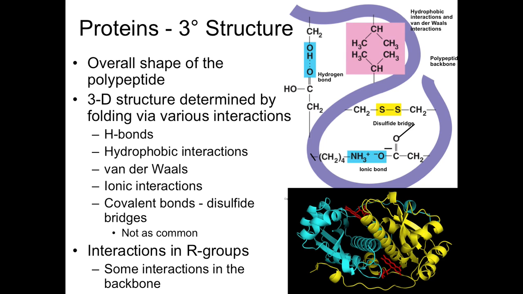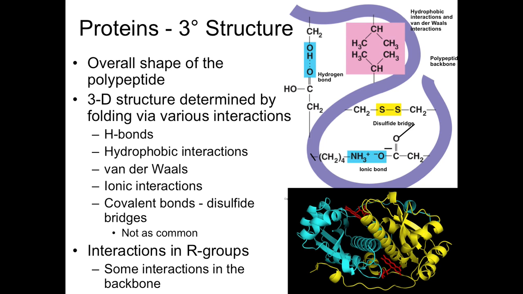The tertiary structure is going to be affected by all sorts of different chemical interactions. The primary structure was determined by covalent bonding. The secondary structure was determined by hydrogen bonding. The tertiary structure involves everything: hydrogen bonds, hydrophobic interactions, van der Waals forces, which have to do with nonpolar attractions, ionic interactions, sometimes covalent bonding.